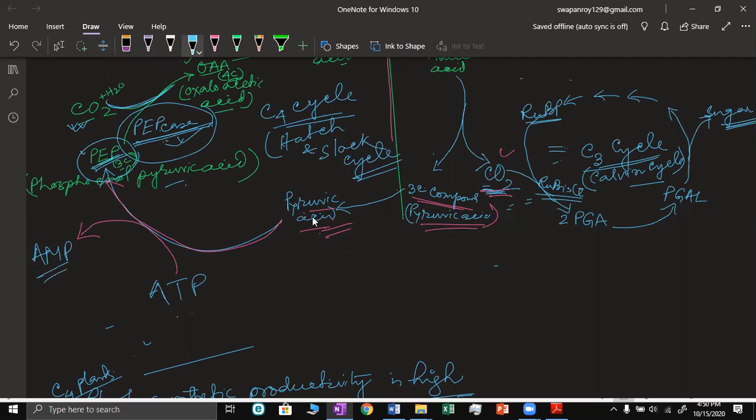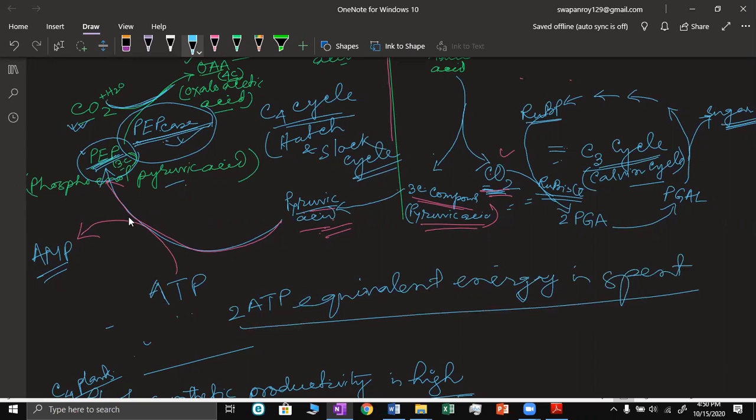So for every molecule of pyruvic acid to convert into PEP, almost 2 ATP equivalent energy is spent.